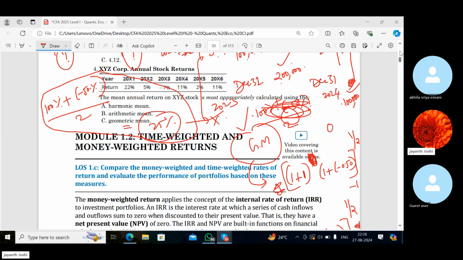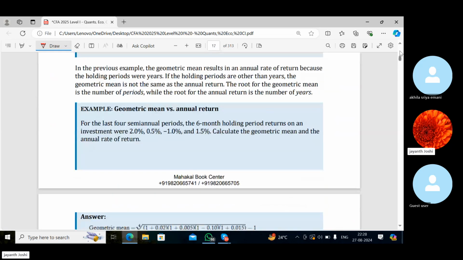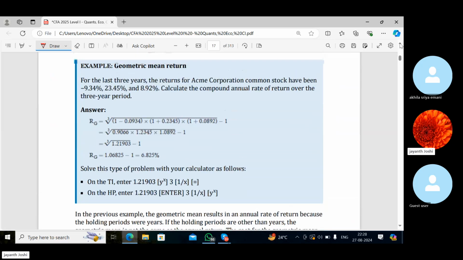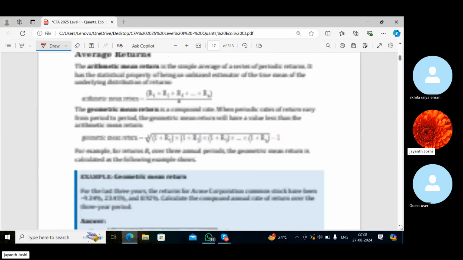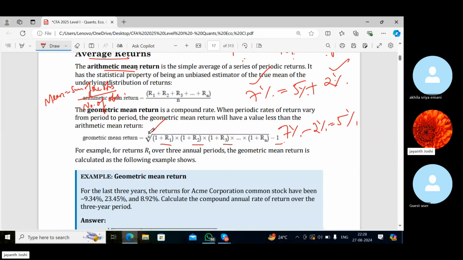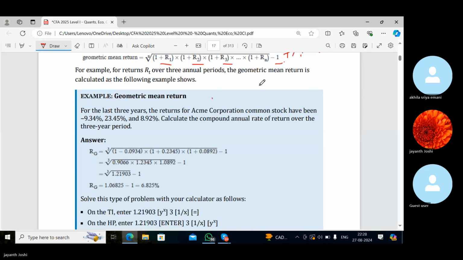Now calculate the returns for these two questions fast. This is the formula which I have explained to you. Do this question fast. I'm waiting. So put all the returns here.